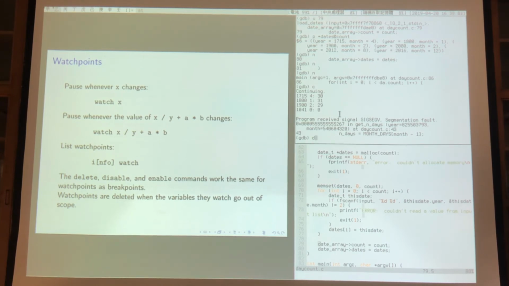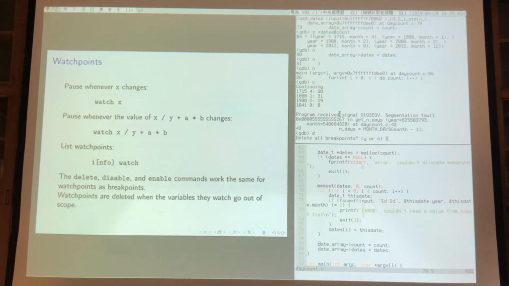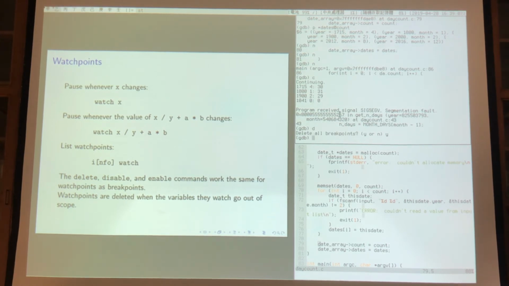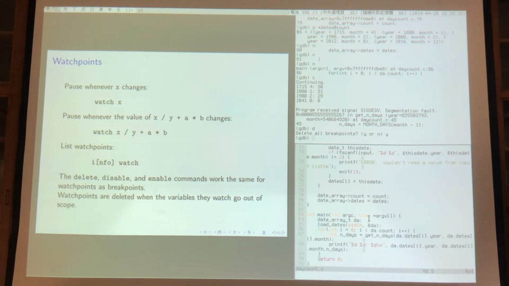So let's delete the breakpoints by typing D, and confirm that you want to delete all breakpoints. And now let's figure out a good place to put our breakpoint where we can set a watch on the dates and figure out where they change. We saw that dates were good up to line 86. Does everyone remember that?